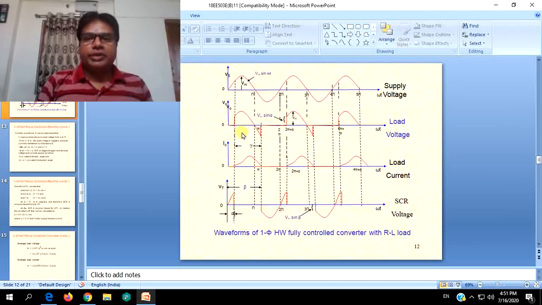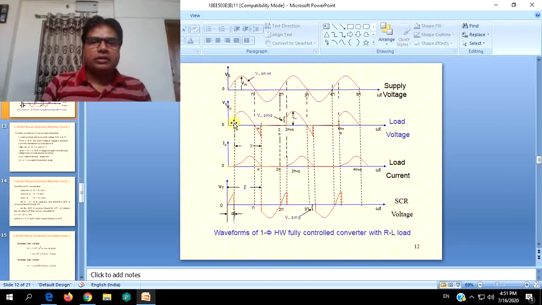Now come to the load voltage, shown in the second waveform. Once the SCR is triggered at alpha, it conducts, so the full source voltage appears across the load.